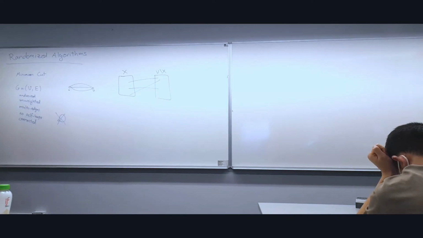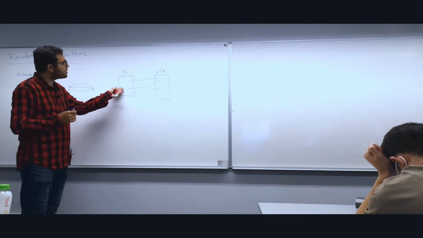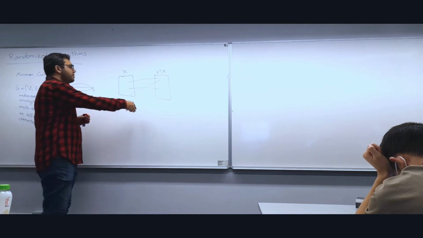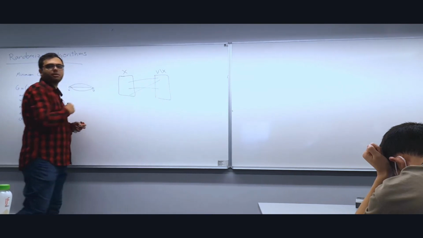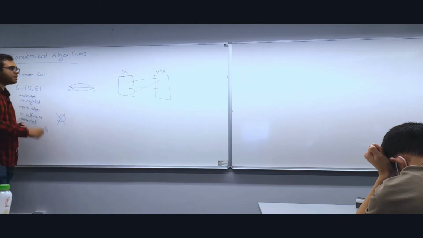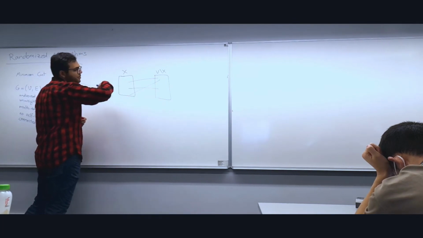This is the same thing, because you can just assume that this is one or more of your connected components, and these are the rest of your connected components. Then you're just removing all the edges that go from left to right, so you're disconnecting the left part from the right part. No matter how you look at it, we want to find the minimum cut. So we want to remove the minimum number of edges, or do this division so that we have the minimum number of edges going from left to right.